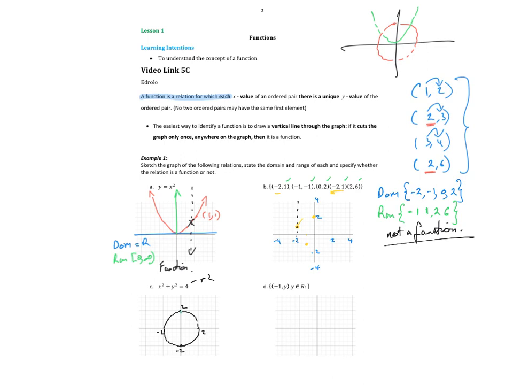My range, the y values, is -2 to 2 in square brackets. My domain, the x values, is also -2 to 2. Is it a function or not? I'll swap the colours. No, it's not, because I can draw a line in a couple of different places and go through 2 different points. So, no function.